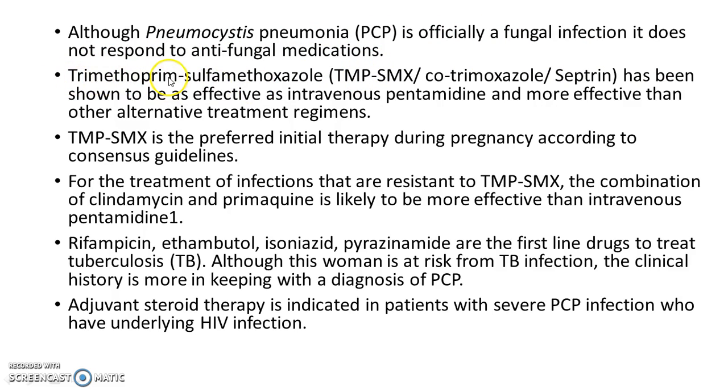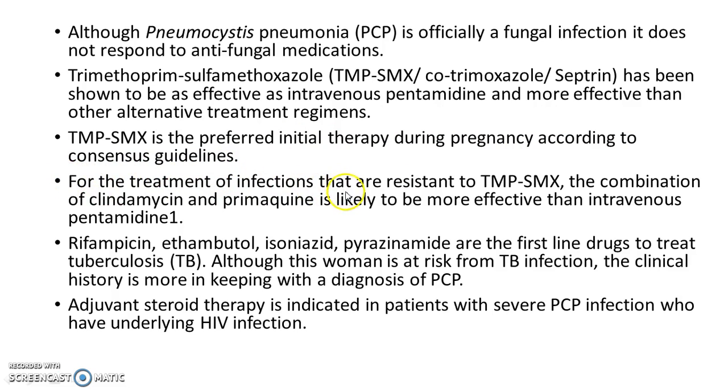Trimethoprim sulfamethoxazole has been shown to be as effective as intravenous pentamidine and more effective than other alternative treatment regimens. For the preclinical students, you don't have to worry about pentamidine. TMP-SMX, trimethoprim sulfamethoxazole, is the preferred initial therapy during pregnancy according to the consensus guidelines.